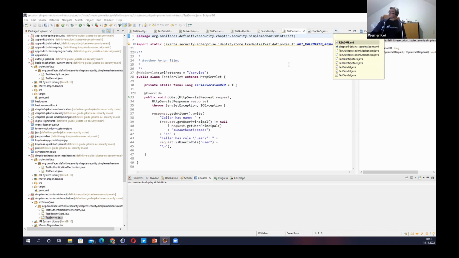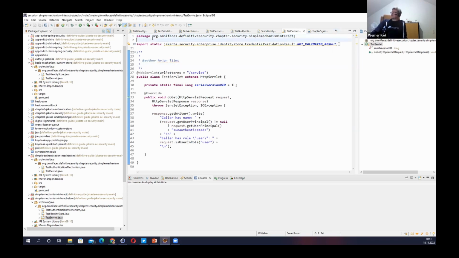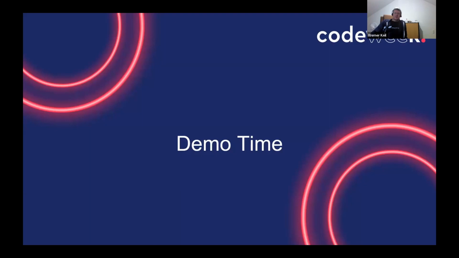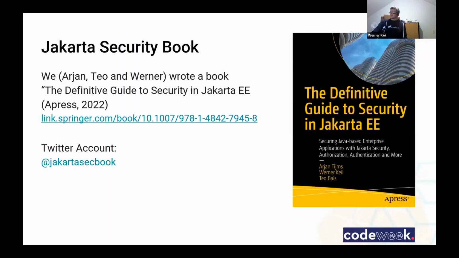Yeah, I will show you the pointer to the GitHub repository. So as mentioned, these examples are from a book that Theo, who is actually Greek, co-authored. So those of you who are more comfortable speaking Greek, he can probably also answer some questions in your native language, while Arian and I don't speak Greek.